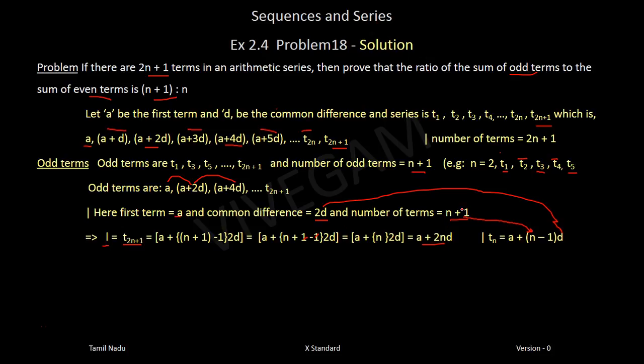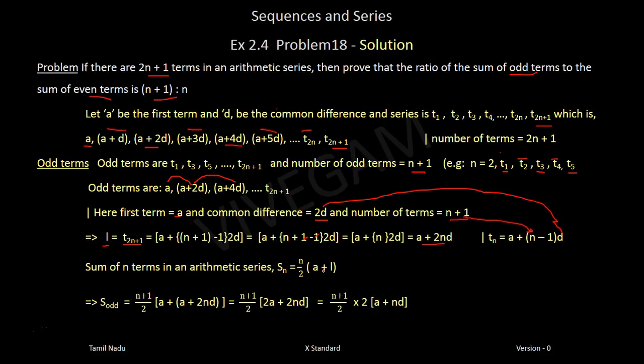And how many terms are there? N plus 1 terms. What is our formula for the sum? Sum of n terms is Sn equal to number of terms divided by 2 into a plus l. So in this case, the number of terms is n plus 1. First term is a, the last term is a plus 2nd. Substituting that, we get n plus 1 divided by 2 into a plus a plus 2nd, right?